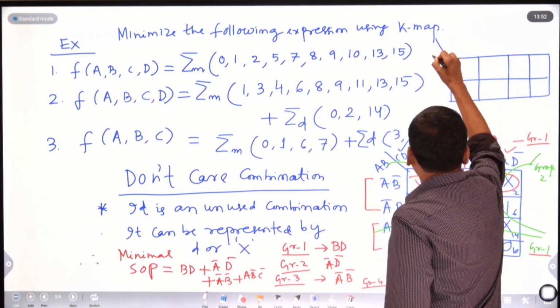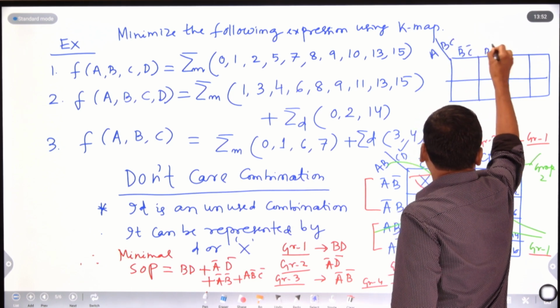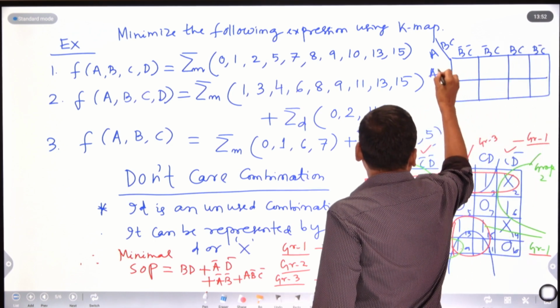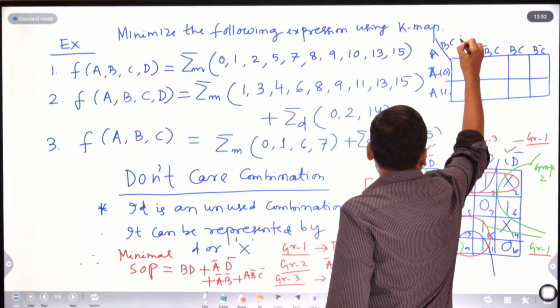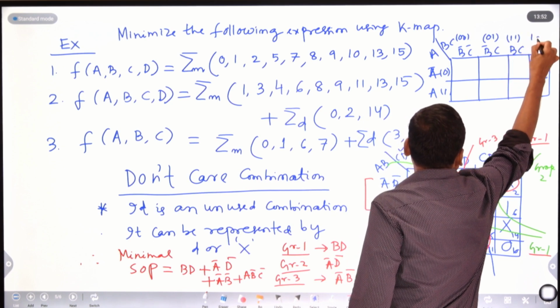Very easy. A, B, C. This is your B bar C bar, B bar C, this is your BC, and this is your BC bar. This is your A bar, and this is your A. This is 0, this is 1. So this is your 00, this is 01, this is 11, this is 10.